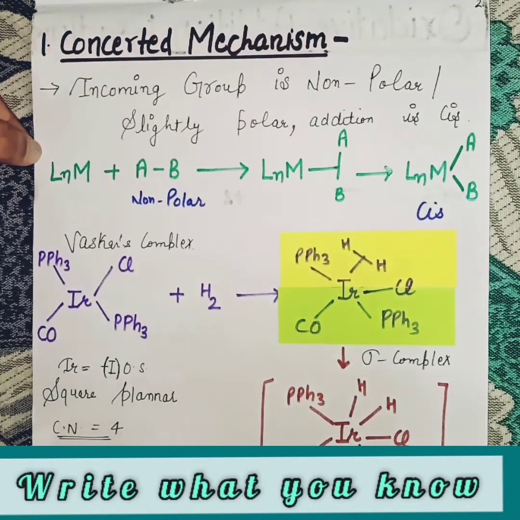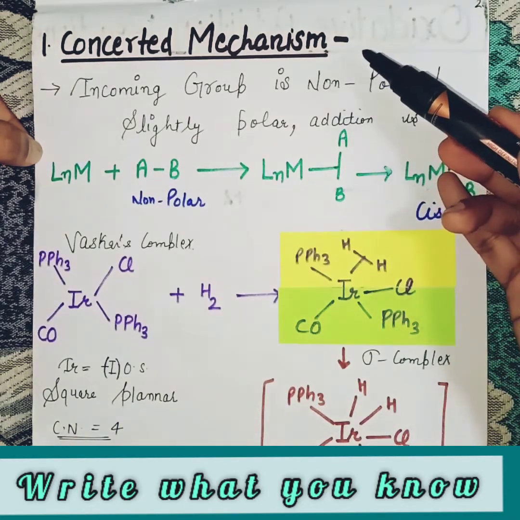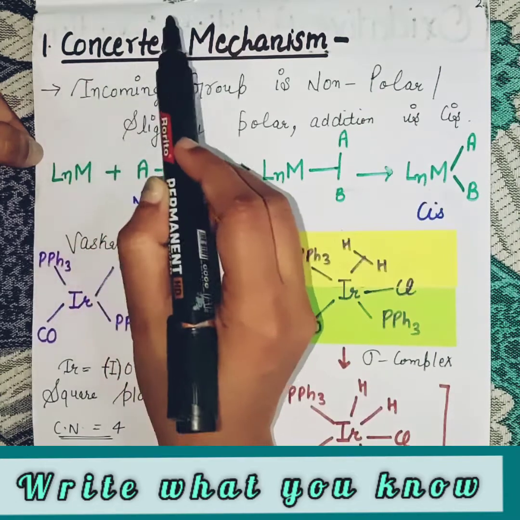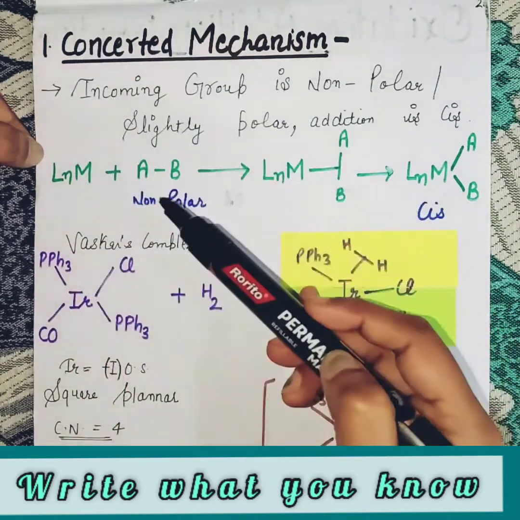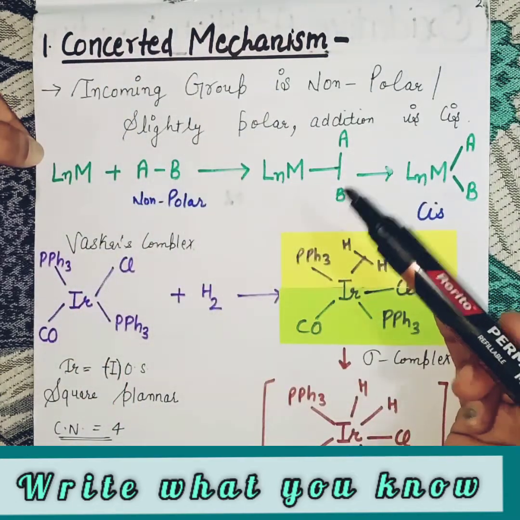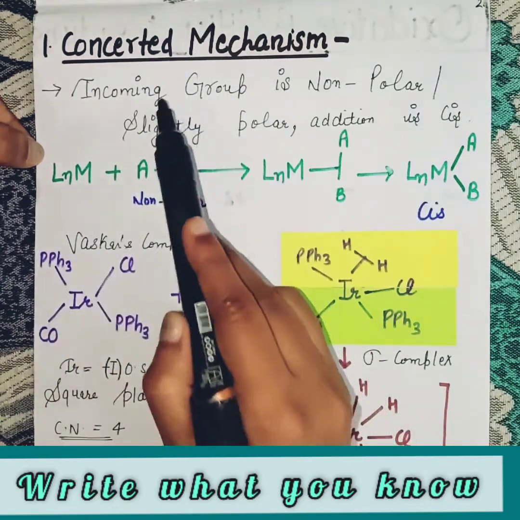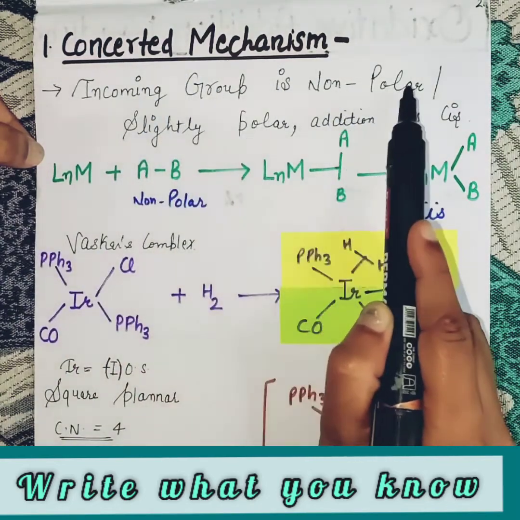Here we will discuss two mechanisms of oxidative addition reaction. The first is the concerted mechanism and the second is the SN2 mechanism. What is the concerted mechanism? Concerted means a one-step process. In this mechanism there is only one step, and it happens when the incoming group is non-polar.